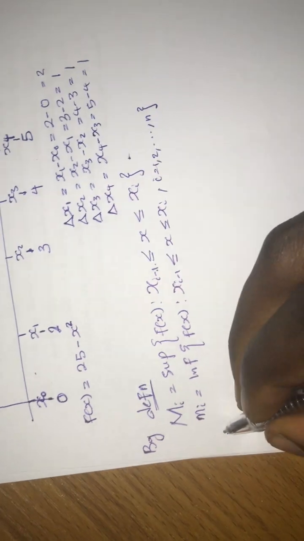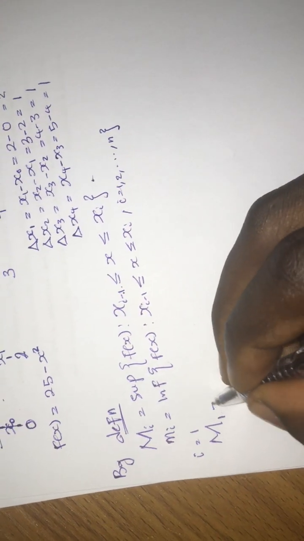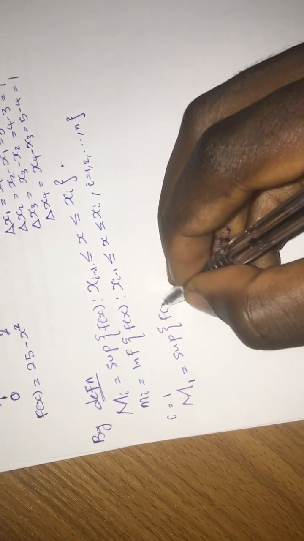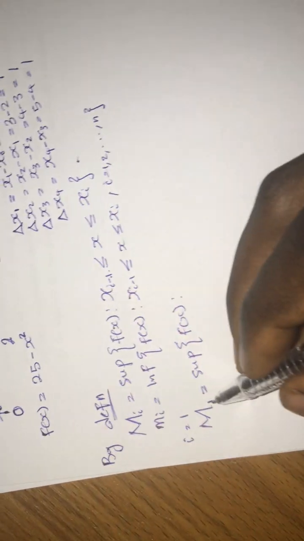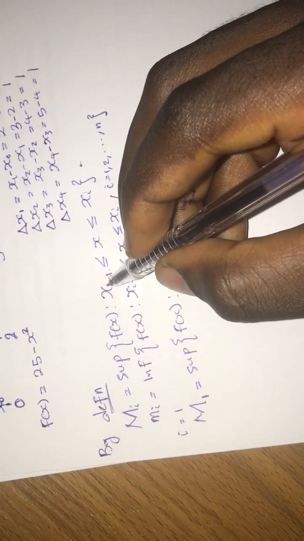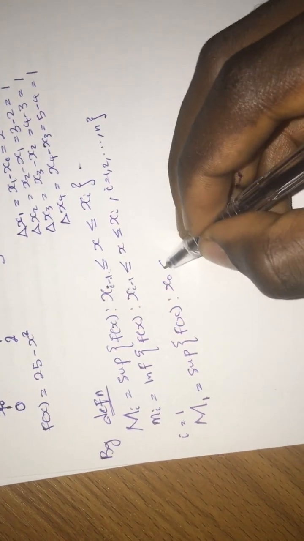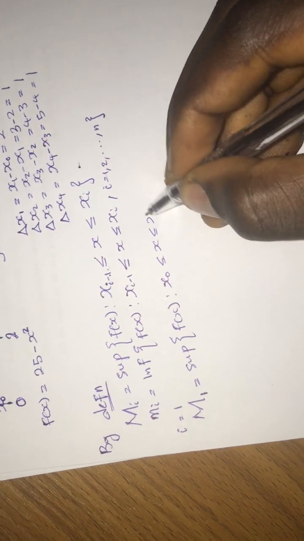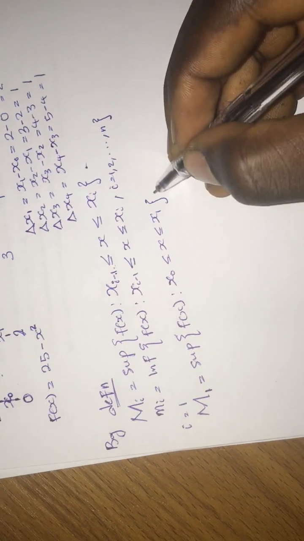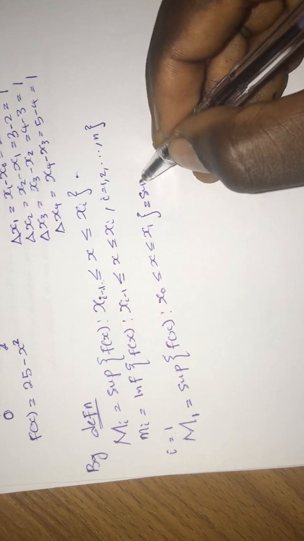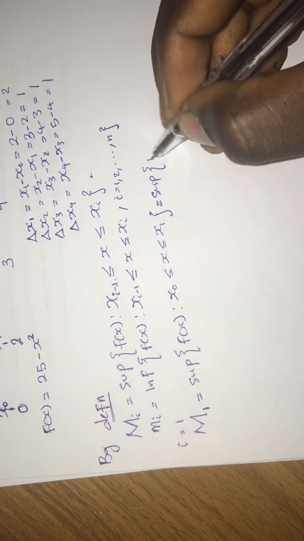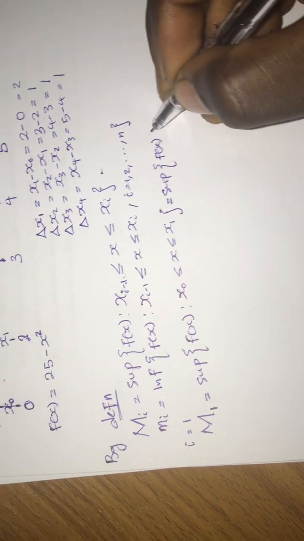Hope you grab it. So when i equals 1, we are going to have M1, the supremum of f(x) where x0 is less than or equal to x, less than or equal to x1. You got it?